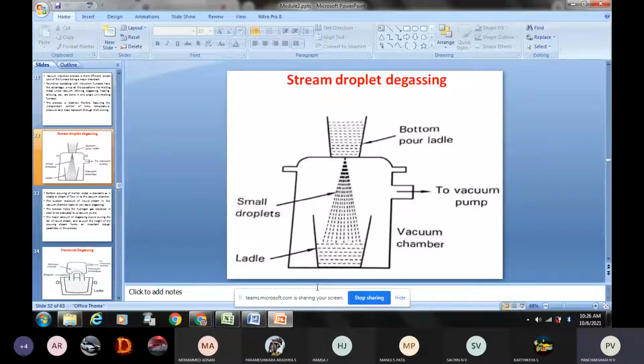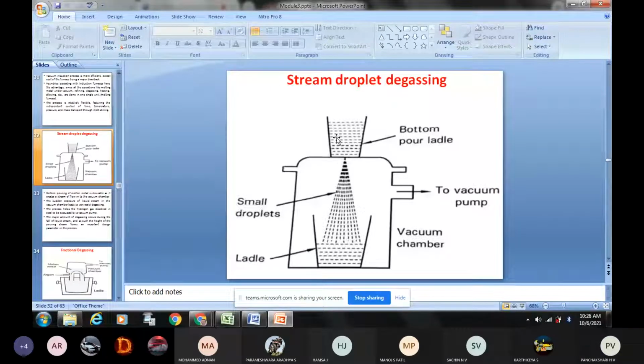Then above that you can see the liquid metal container. This is called the bottom pour ladle. There is a hole, a provision for pouring the liquid metal at the bottom with high pressure.